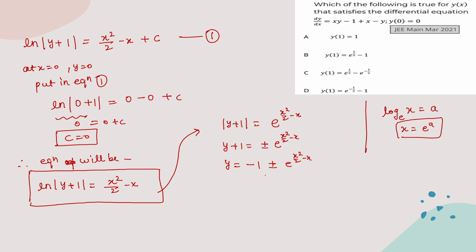Okay, now again we can apply the condition here, because a constant is given here, which is given to us: at x is equal to 0, y is equal to 0. So putting this in the equation, we get y is equal to minus 1 plus minus e to the power 0, because 0 minus 0 will be 0, and this will become minus 1 plus minus.